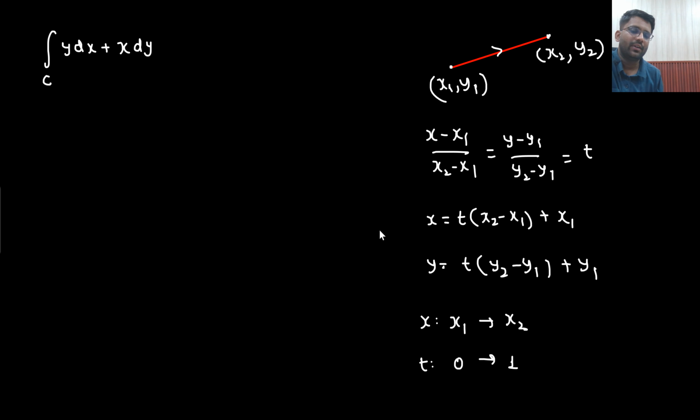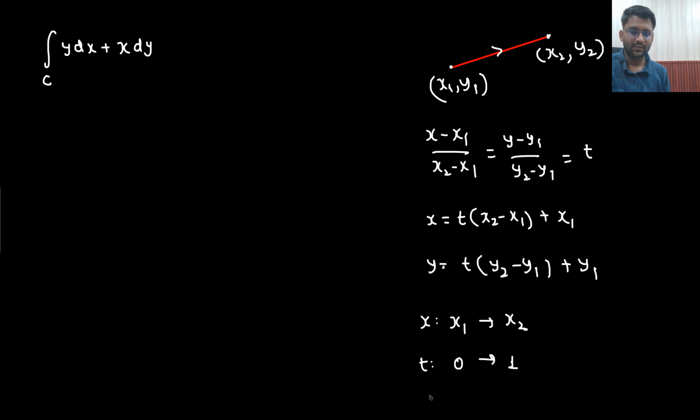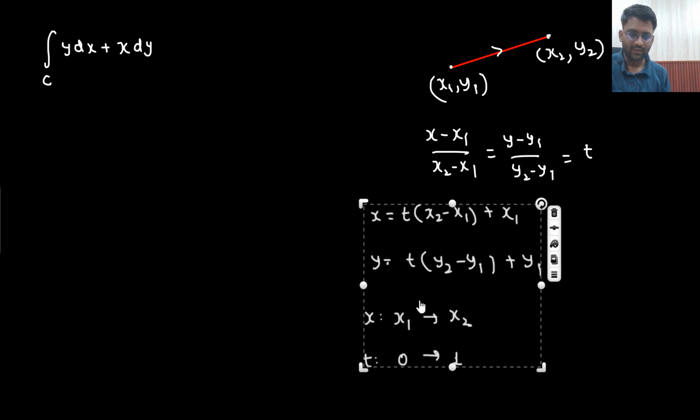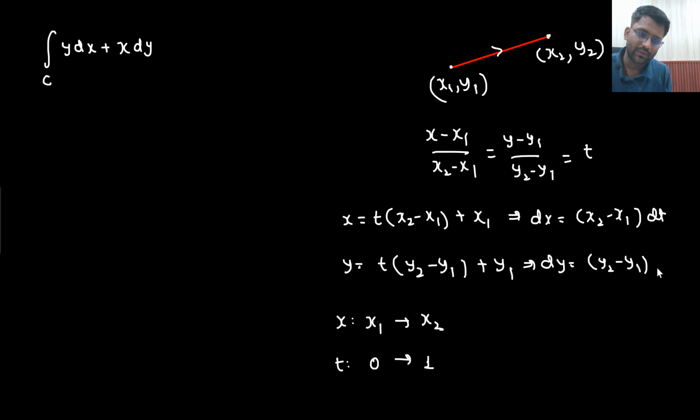Now from here, can you determine the value of dx? The value of dx is x2 minus x1 dt, and the value of dy is y2 minus y1 dt. So this I need to put here, with t going from 0 to 1.